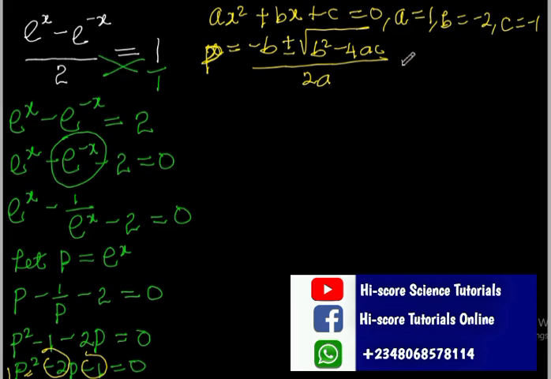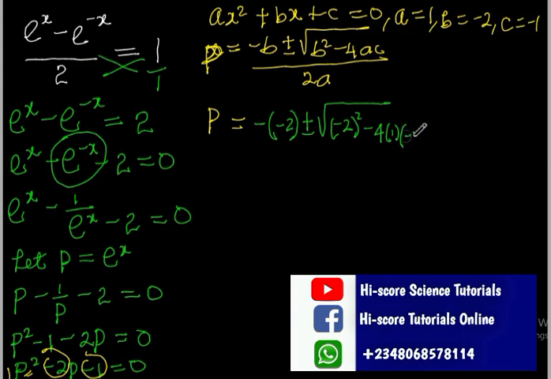Our p now becomes equal to minus into, since our b is minus 2, plus or minus square root of b squared, which is minus 2 all squared, minus 4 times 1 times our c, which is minus 1, close brackets, all divided by 2 multiplying by 1, which is our a.